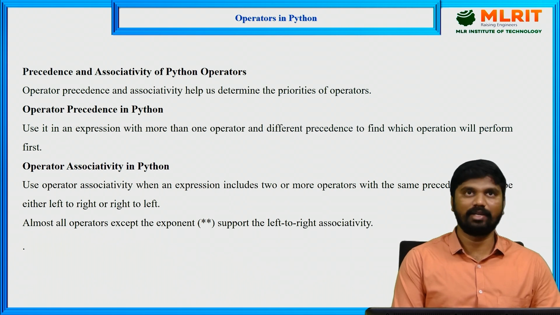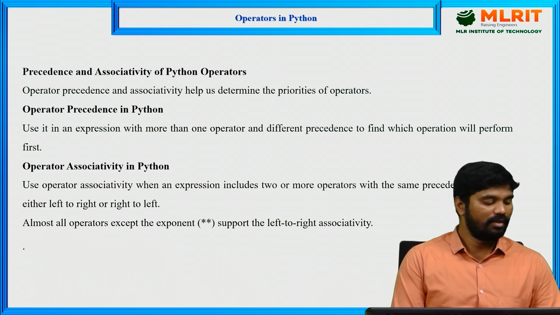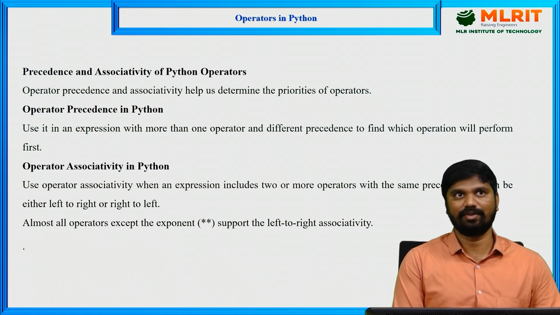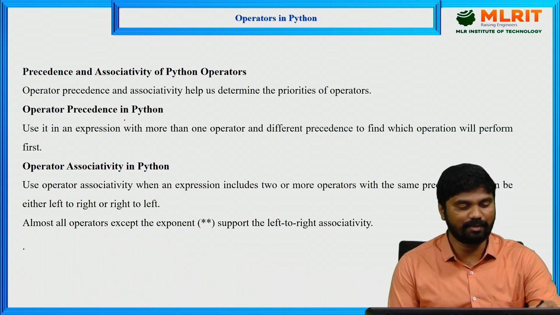The next very important concept we have to discuss here is precedence and associativity of Python operators. So what is precedence? Precedence means, as we discussed just now, the priority of the operators. What is operator precedence in Python?